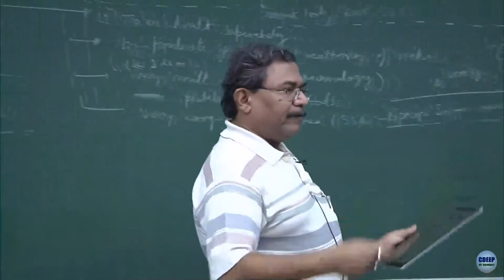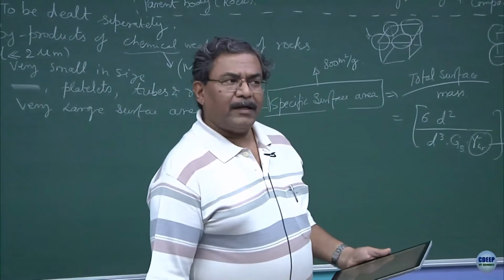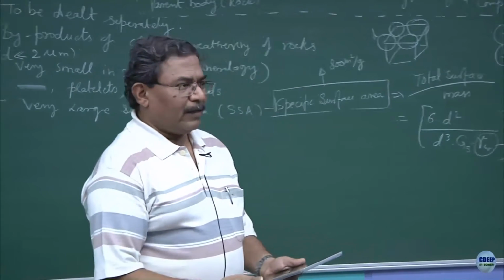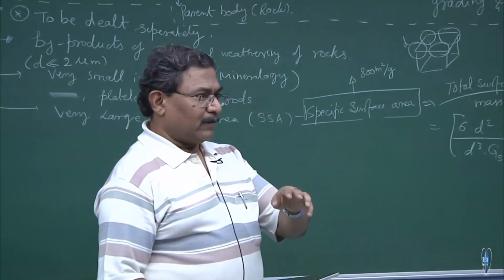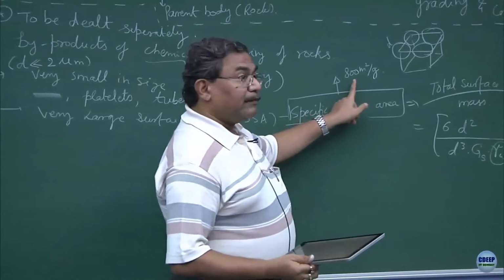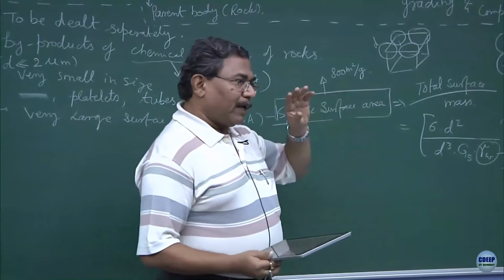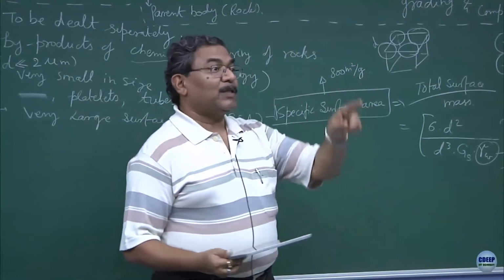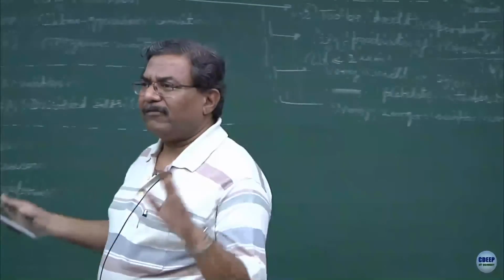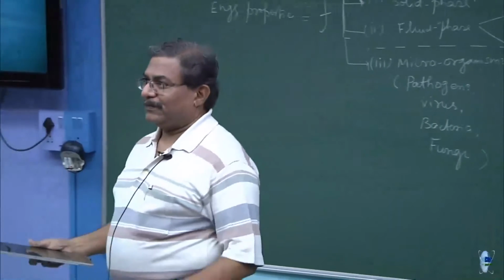Approximately 90 by 40, how much? 3600 meter square. This material is 800 meter square per gram. Imagine. That means 4 grams of the material is going to show you the same area as a hockey or football field. Are you getting a feel of it? Did you get a feel of it?